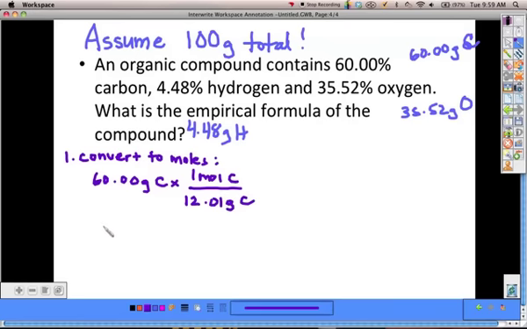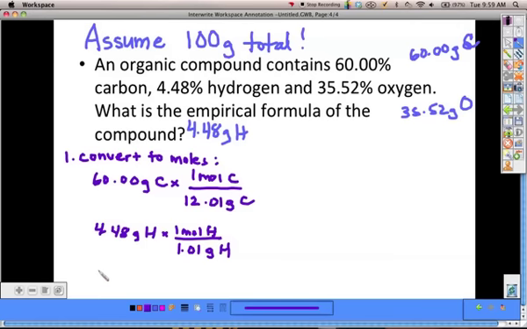I'm going to keep writing out the next steps. So my next one, 4.48 grams of hydrogen. Every 1 mole of hydrogen contains 1.01 grams of hydrogen from my periodic table.